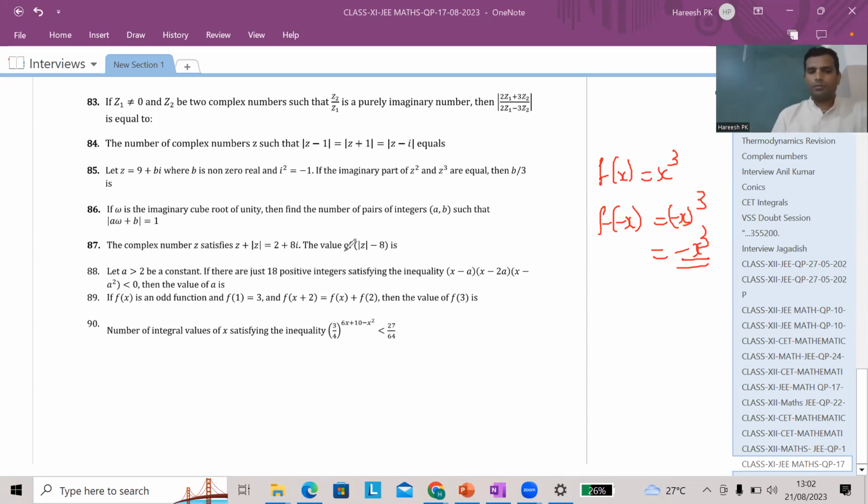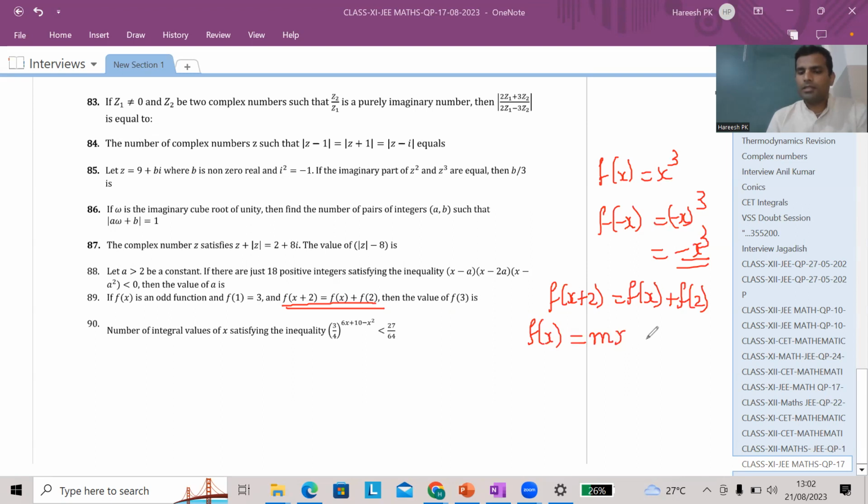So now this portion is very important. Whenever you see f of x plus 2 is f of x plus f of 2, this indicates that the function f of x must be a linear function like mx. Why f of x has to be mx? Obvious, because what is f of x plus 2?